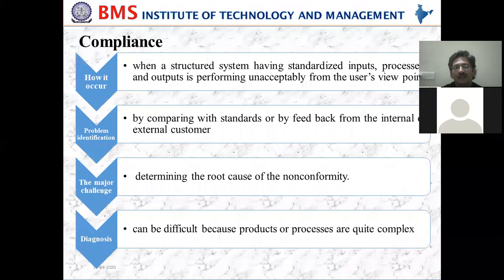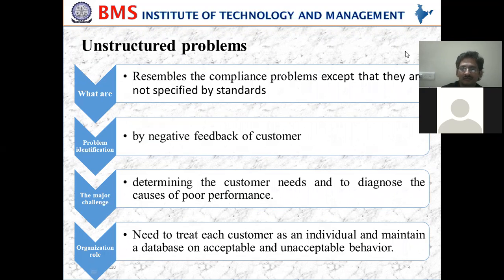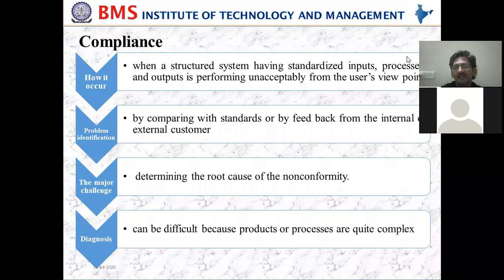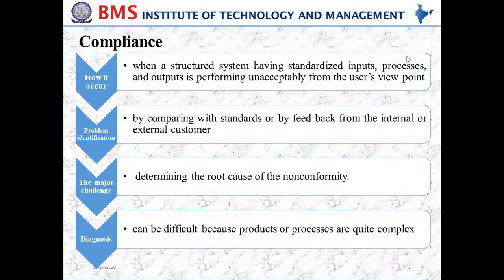Compliance. How do these problems occur? When a structured system having standardized inputs, process, and outputs is performing unacceptably from the user's point of view, meaning the end user, the customer's point of view.